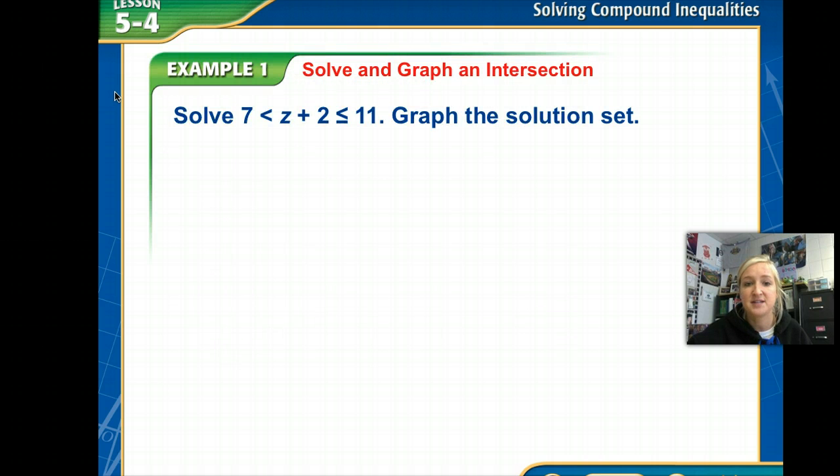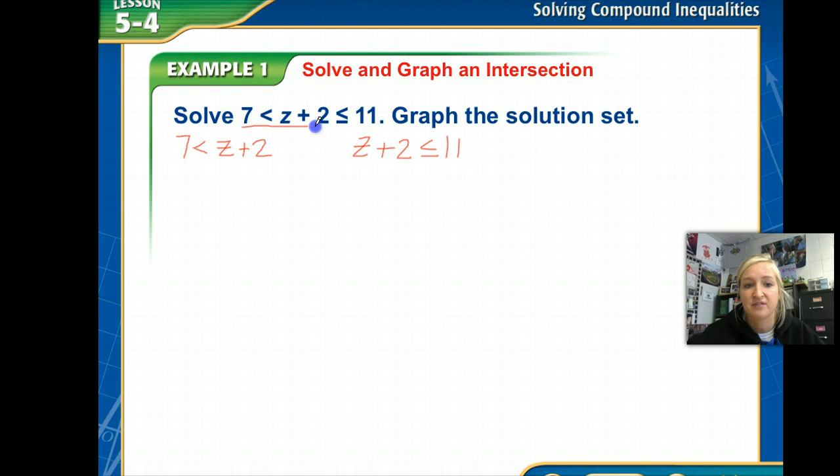First example is to graph an intersection. All right, if you notice here, we have 2 different problems. So how to set this up is to start with 7 is less than z plus 2, and then solve z plus 2 is less than or equal to 11. We have 2 different equations here.